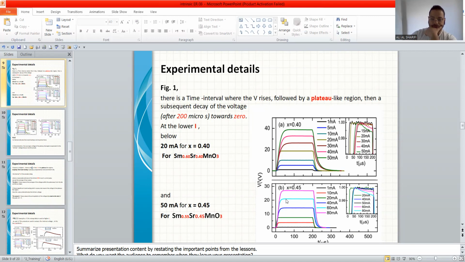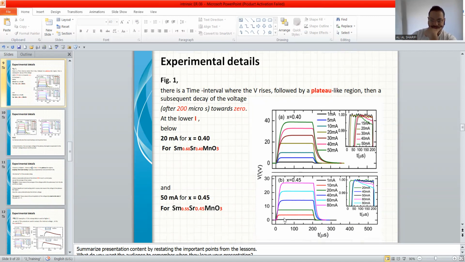Here at x equal 45, from black to green to blue, the same situation: it will increase and be constant, but here less than 50, maybe 37. After 37 it will be constant in this flat area, and after that decreasing like that.